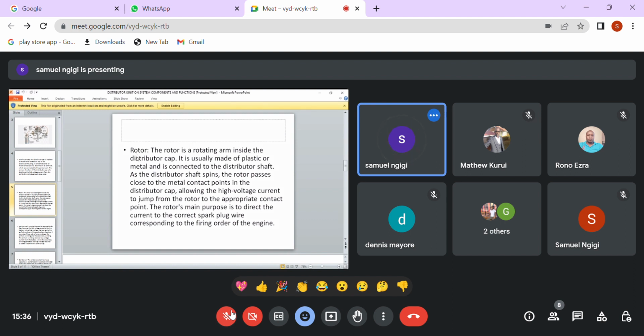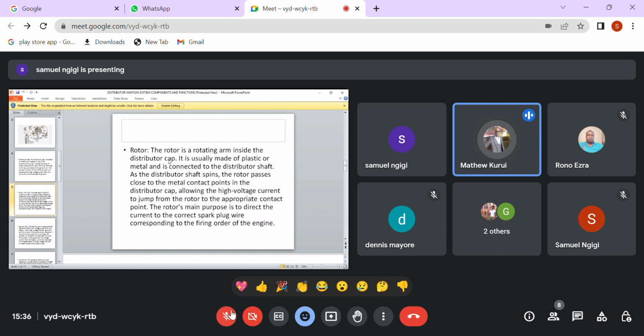Another component we are going to look at is the rotor. Ezra, can you read what a rotor is? So a rotor is a rotating arm inside the distributor cap, usually made of plastic or metal, and is connected to the distributor shaft.